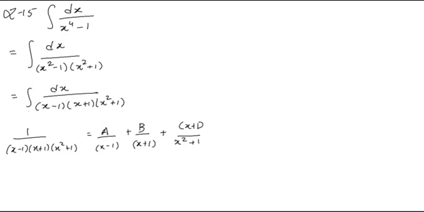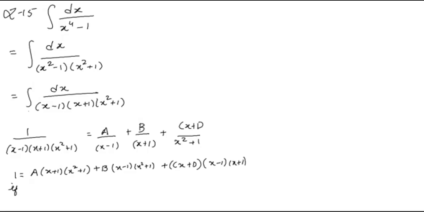If I cross multiply this, then I will have 1 is equal to a into x plus 1 x square plus 1, plus b into x minus 1 x square plus 1, plus cx plus d into x minus 1 x plus 1.